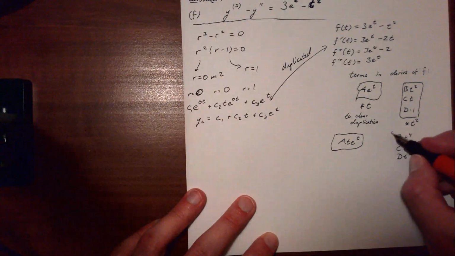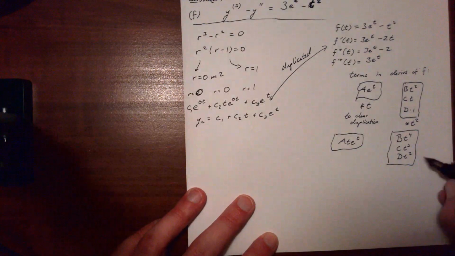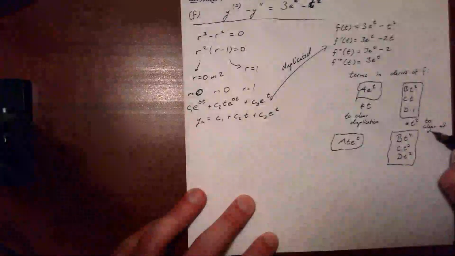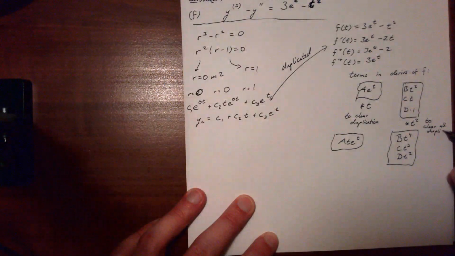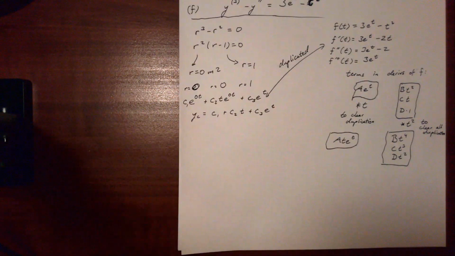And that will get us clear of any duplication. So within each family, you just have to find the power of t that will clear all the members of that family from any duplication with the complementary solution.